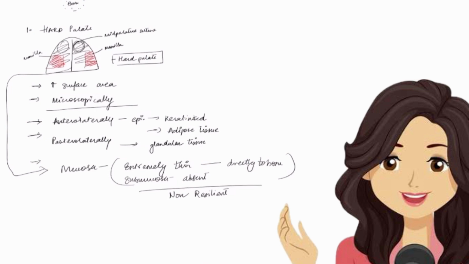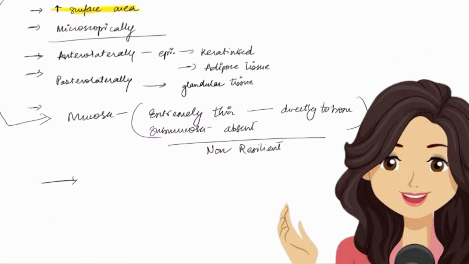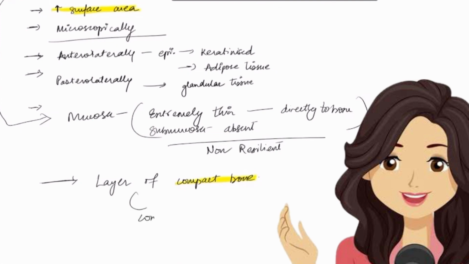Now, what are the reasons? The first reason that we saw was an increase in the surface area, which is responsible for your hard palate being the supporting area. Second reason is that there is a layer of compact bone. Now, all of you are very well aware, compact bone can help you absorb and dissipate forces evenly, right? So, there is a layer of compact bone and then the underlying layer under it is cancellous bone.